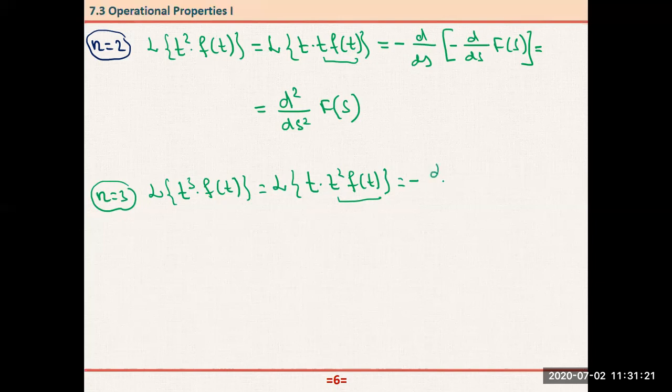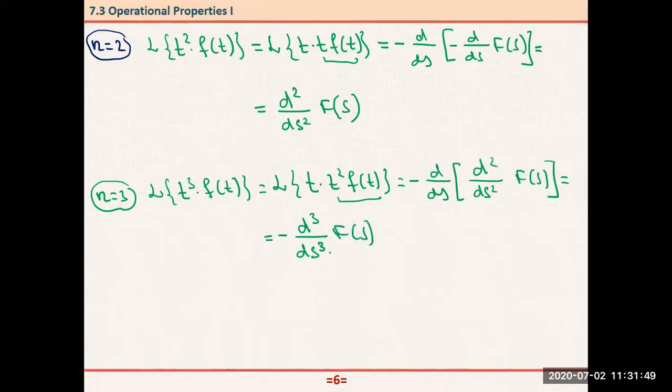So here we have d ds, and I need to write here d squared ds squared F of s. That will be equal to minus, that means we differentiate and differentiate twice, so we have to differentiate this thrice. So here we have d cubed over ds cubed F of s, right?